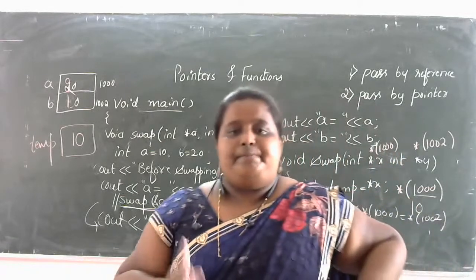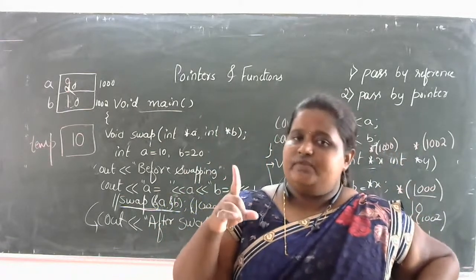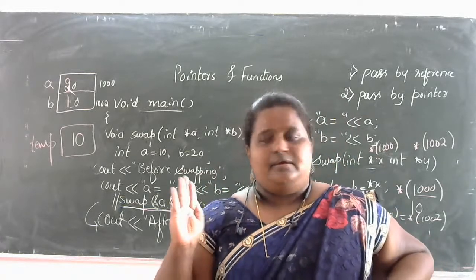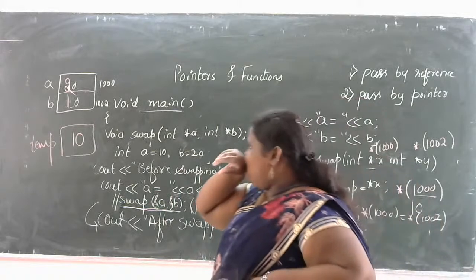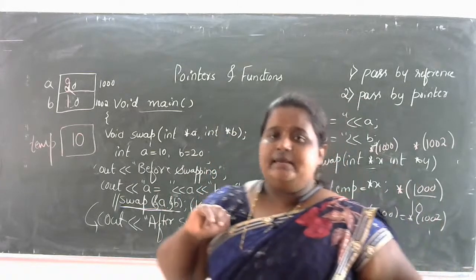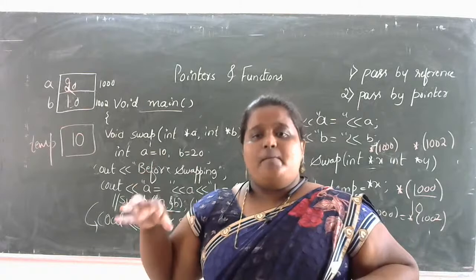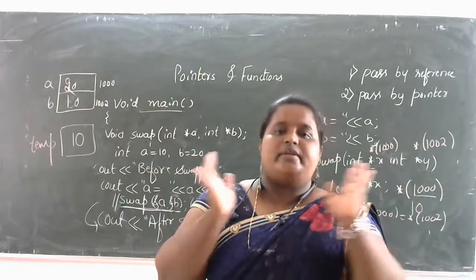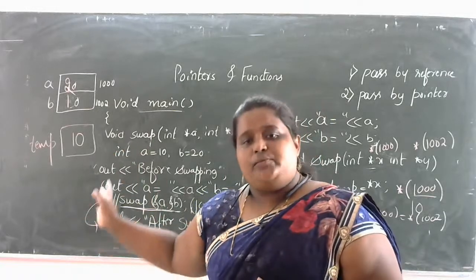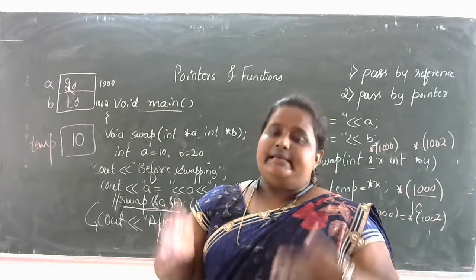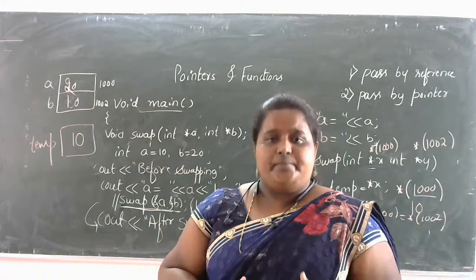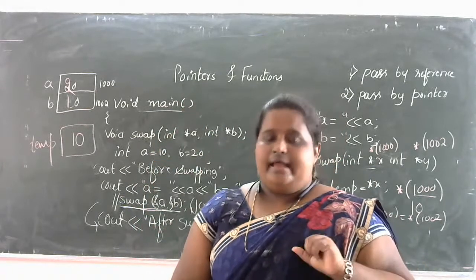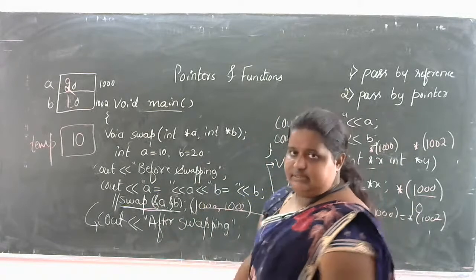Pointers can be passed in two ways. The first way is pass by reference. The second one is pass by pointer. In pass by reference, the formal arguments x and y are the alias names or references to the actual arguments a and b, and whatever changes you make in the formal arguments will affect the actual arguments.